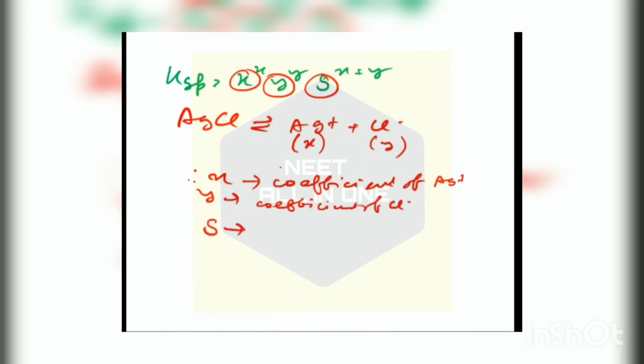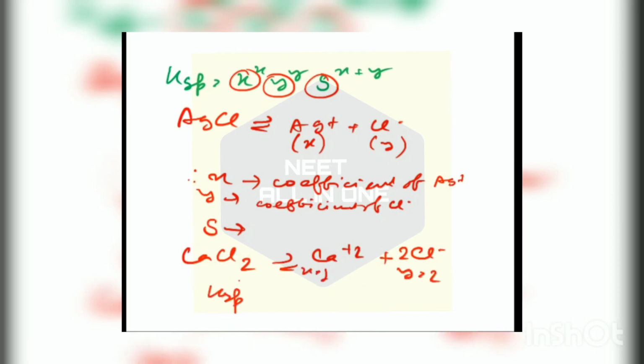And what is the s here? S is the thing that is called solubility. You can always come across this s in the sums that will be given according to sparingly soluble salt. If they give you another example, let's see, for CaCl2, if we write it like this, Ca2 plus and 2Cl minus, here x is 1, but y is 2.